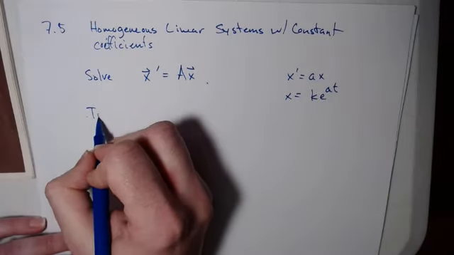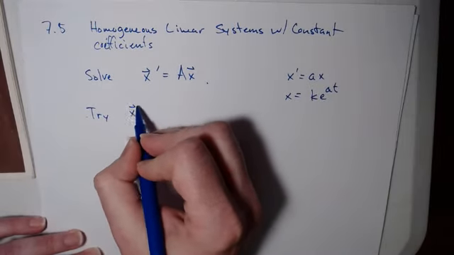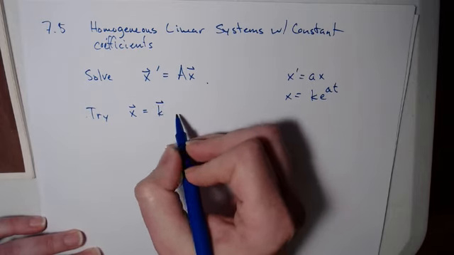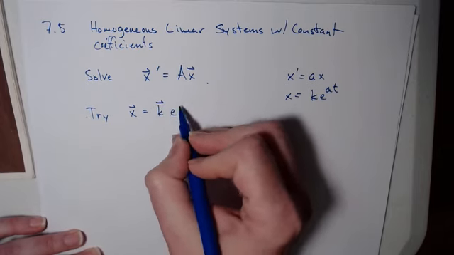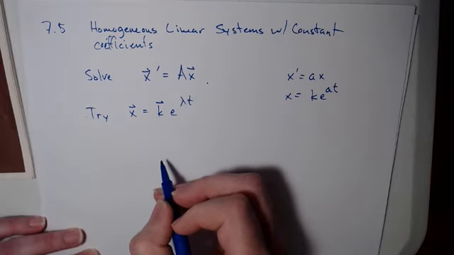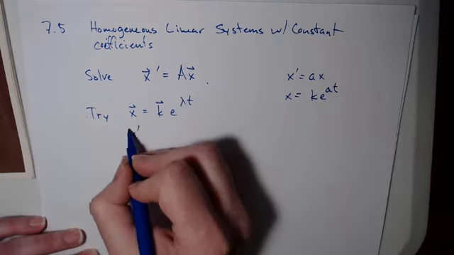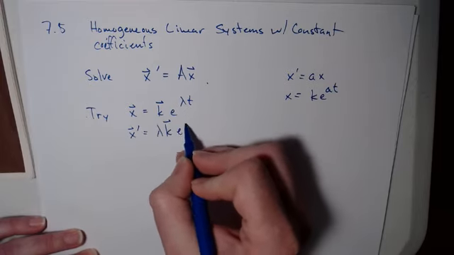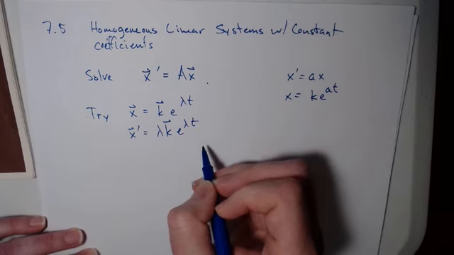So we will try vector x equals a constant vector times e to some lambda t. So when we take that derivative, we get x prime equals lambda k e to the lambda t.